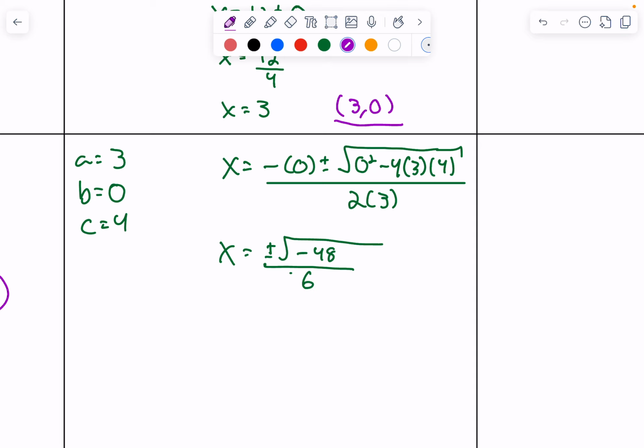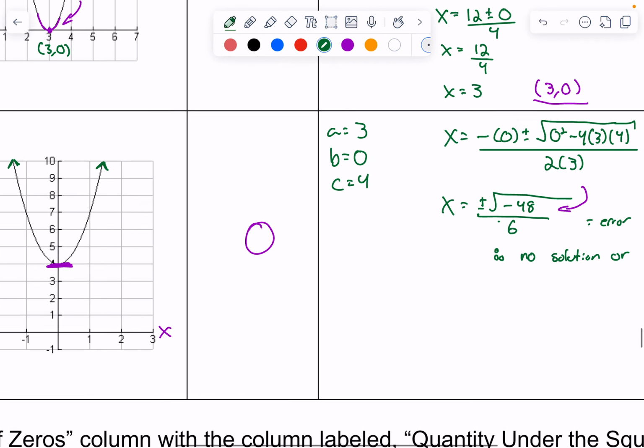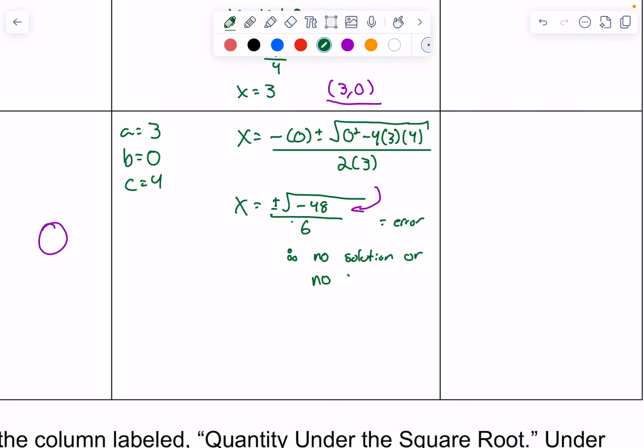Well, I have a negative under the square root, so I can't do this. Check your calculator, you can't go any further. You're going to get an error. So that means, therefore, no solution. Or, as we just said, no x-intercepts.